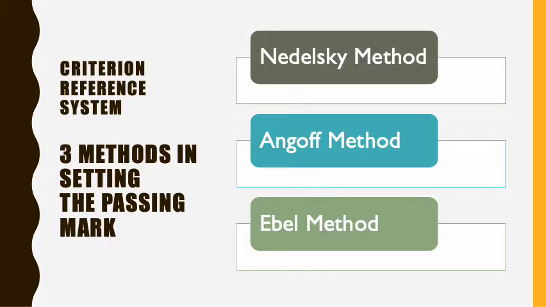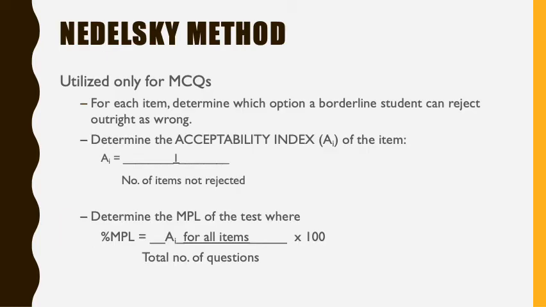Now let's move on to the three methods of computing for the passing mark. First, we will discuss the Nedelsky method. The Nedelsky method can only be utilized for multiple choice questions. For each item, you will determine which options a borderline student can reject outright as wrong. You choose as many, 1, 2, or 3.